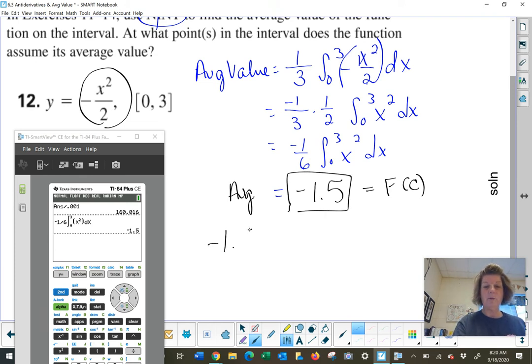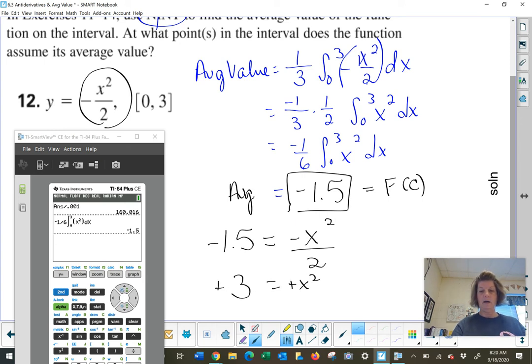So negative 1.5 is equal to negative x squared over 2. Multiply up, I get negative 3 equals negative x squared. This is just as easy to do by hand. So it looks like x equals plus or minus the square root of 3.